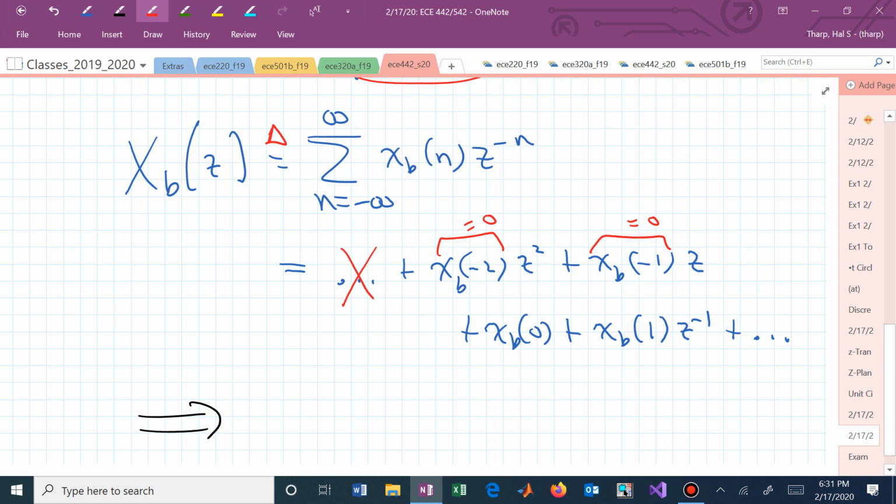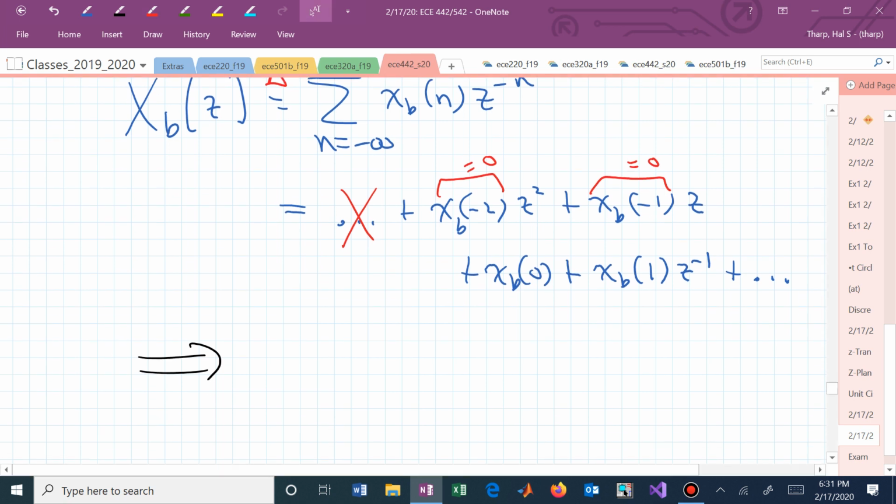That now says that x sub b of n and x sub a of n are both causal. Since x sub b of n is our dominant, let's focus on that. That's what is going to be seen for the longest. It dominates the response. X sub b is causal, as is x sub a.